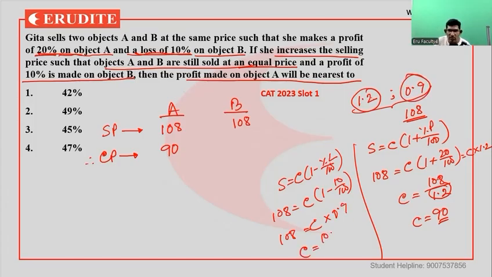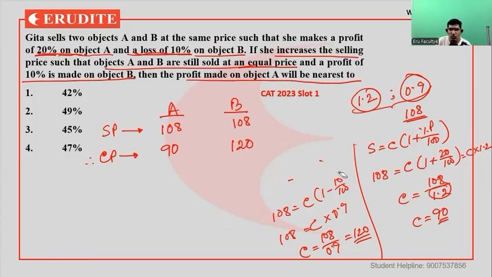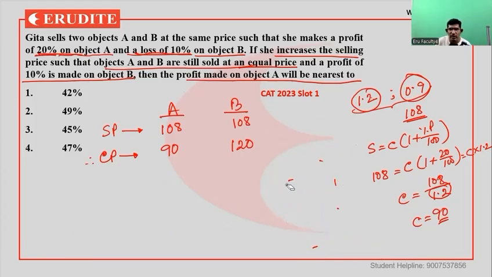So the cost price is 108 upon 0.9, which is 120. So the cost price for product B was 120. That's why I said that if I take 108, my calculations will be very simple. If you can visualize it, you can do it faster without getting into these calculations.